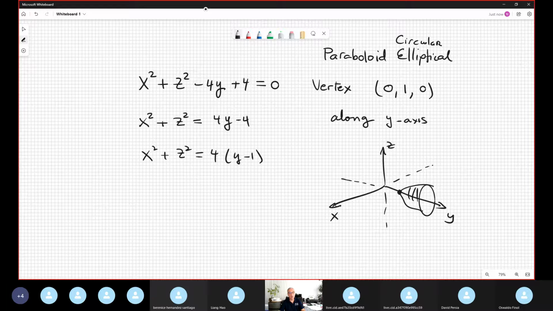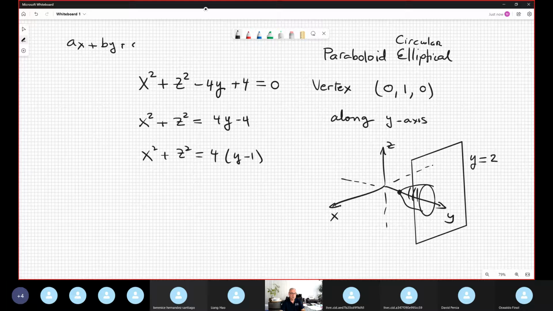Okay? Entonces, if I make, for example, a plane here, a plane y equal, I don't know, any number. Of course, greater than 1, because 1 minus 1 is 0. Y equal 2 is a plane. It's a plane where y is constant, independent of x and z. A plane in general is ax plus by plus cz equal d.